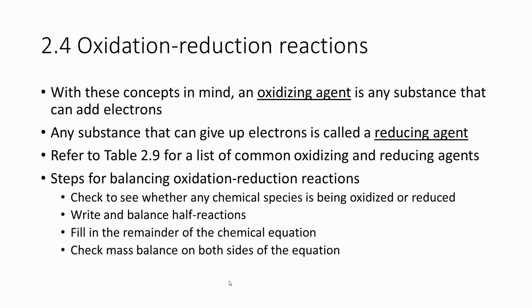Here are the steps for balancing oxidation-reduction reactions. First, check to see whether any chemical species is being oxidized or reduced. Then, write and balance the half reactions. Then, fill in the remainder of the chemical equation. And lastly, check mass balance on both sides of the equation. There are examples of how to do this in your course text.